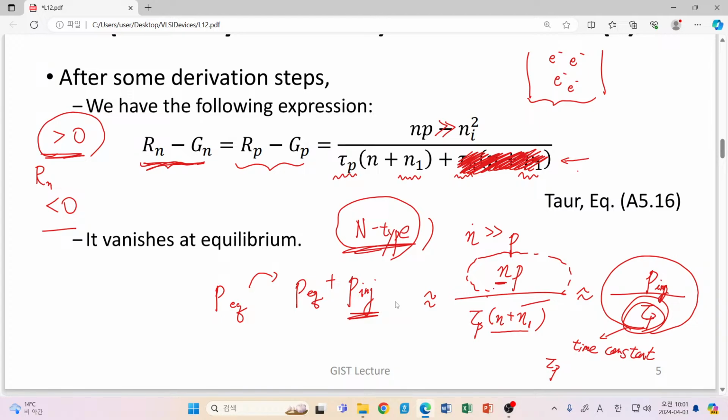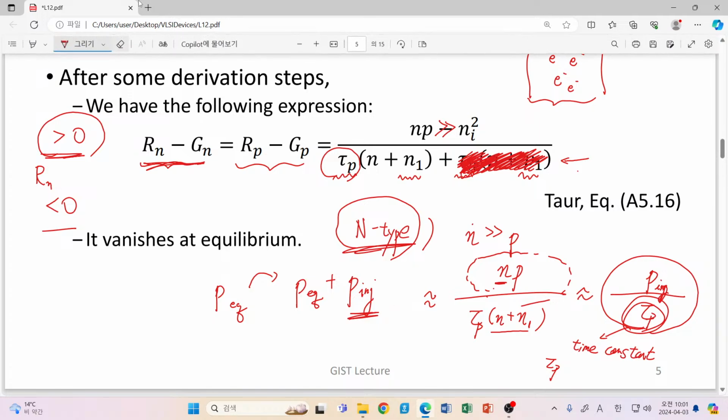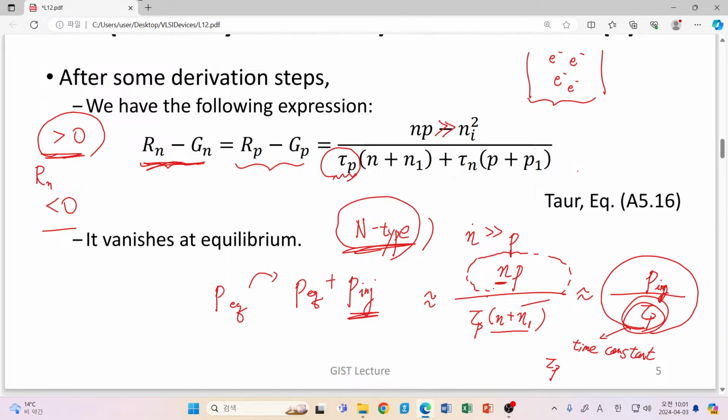So actually the reason why we call it tau sub p is obtained from this physical consideration. Of course, since we have the other term here, we have neglected it in the case of the n-type sample.